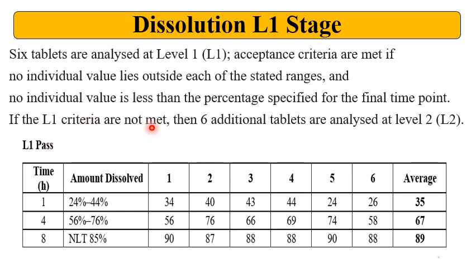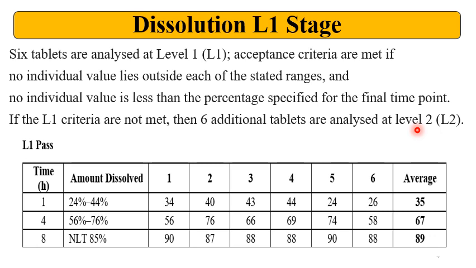Now if the L1 criteria are not met, then 6 additional tablets are required to be analyzed at level 2, that is L2. Please understand that whatever the specification you have given, your formulation passes the L1 stage if all the individual values are within the given ranges.